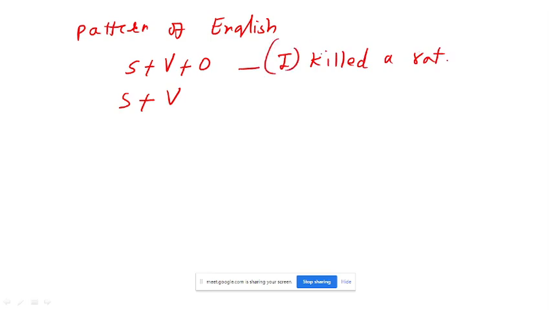So this is subject, this is verb. So subject, predicate and object. Here predicate means verb; generally we understand predicate as verb. So this is a pattern, S plus V plus O. There are 7 patterns of sentences in English.